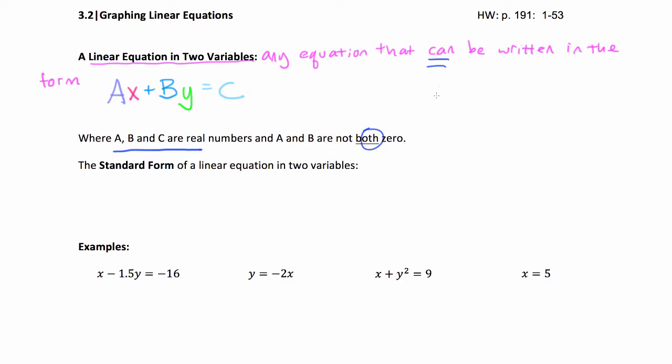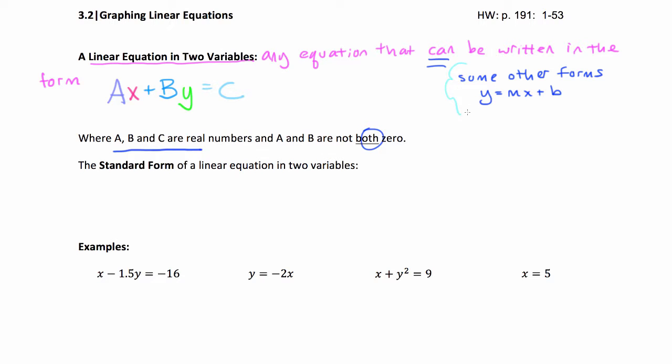You've also maybe seen some other forms. Maybe you've seen y equals mx plus b. Let's just leave it at that one for now.